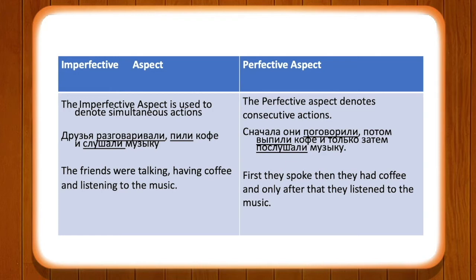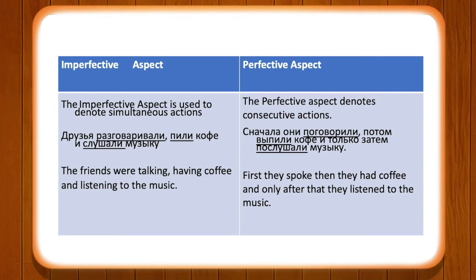In the other example, сначала они поговорили, потом выпили кофе и только затем послушали музыку. Here the use of the perfective verbs поговорить, выпить, послушать indicates consecutive action.